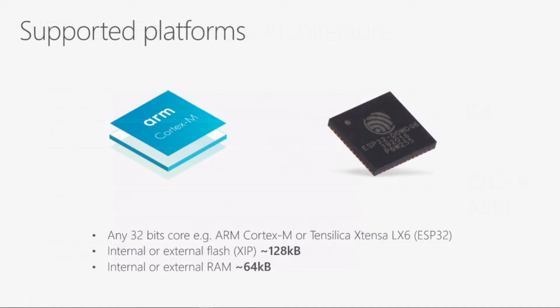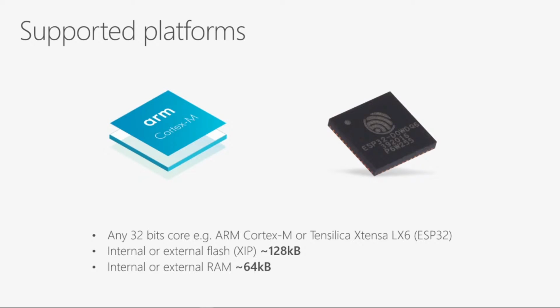Like I said, these two are the ones that we have ready-to-flash images for on our GitHub repository. But because of those abstractions and the way that we have it designed, it's pretty straightforward to add new CPUs and new RTOSes. So it's relatively easy to do that.